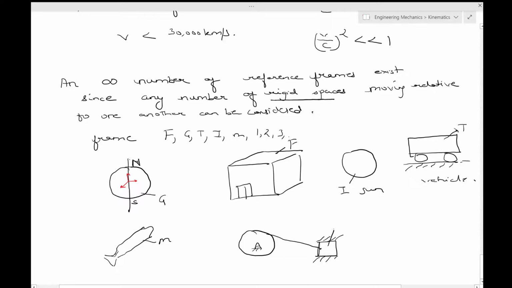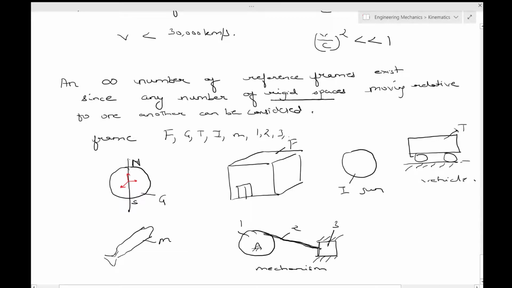You have this piston, which is 3, then this cam 1, and this rod 2. So these are 3 separate reference frames, 1, 2 and 3, and the piston can be the third reference frame.